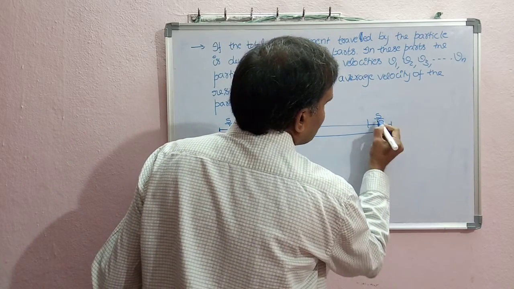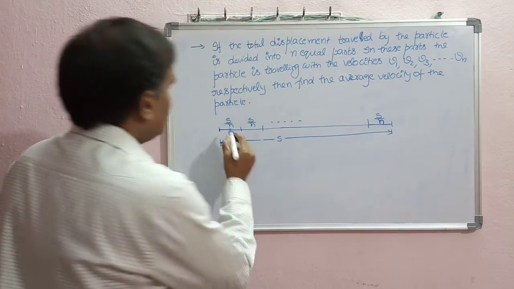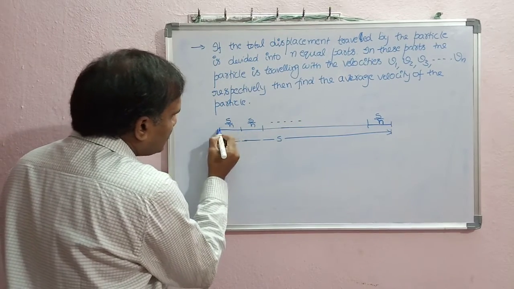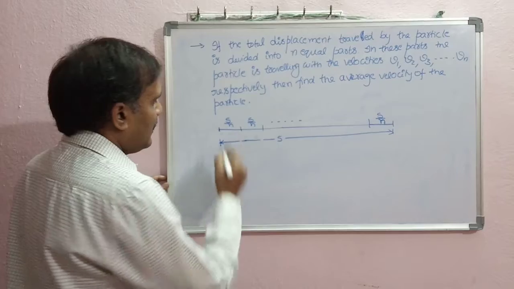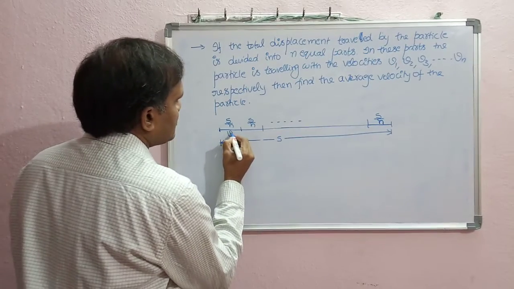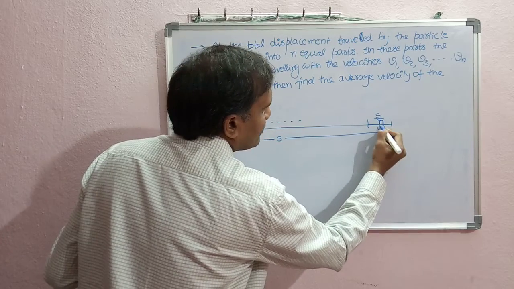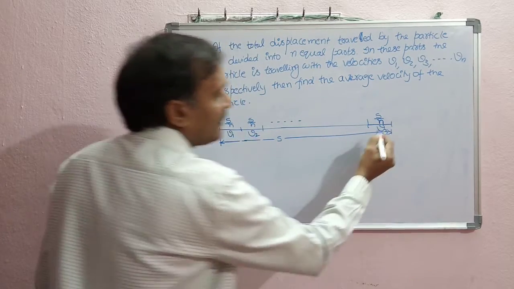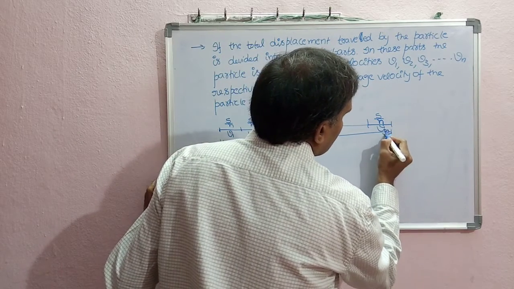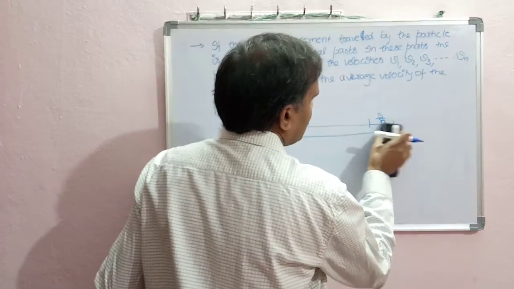Total number of parts are n. Now, for the first part the velocity of the particle is v1, here it is v2, here it is v3, and in the nth part, the velocity is vn.